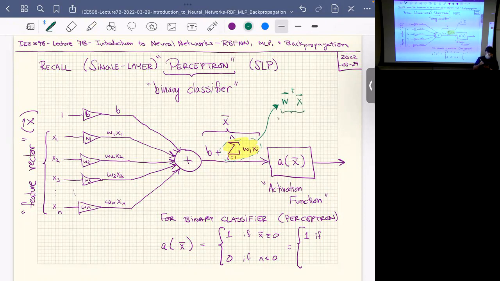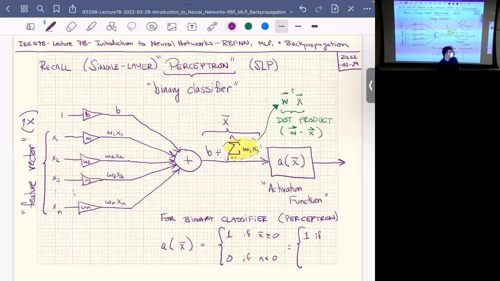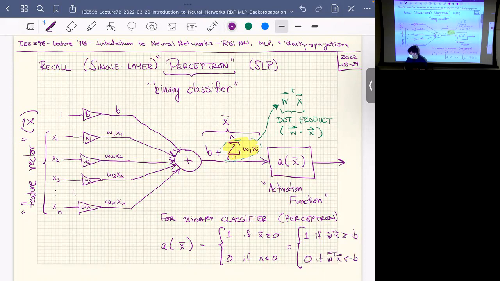So this is like a dot product, or if you prefer, w dot x. And so this perceptron, another way I could say that is it's going to be equal to 1 if the dot product w transpose x is greater than or equal to negative bias. It's a 0 if w transpose x is less than negative bias.